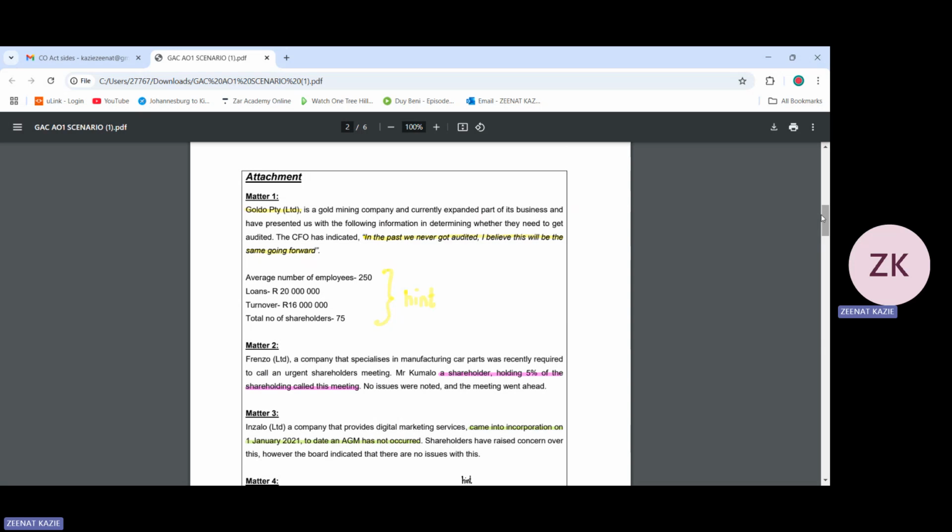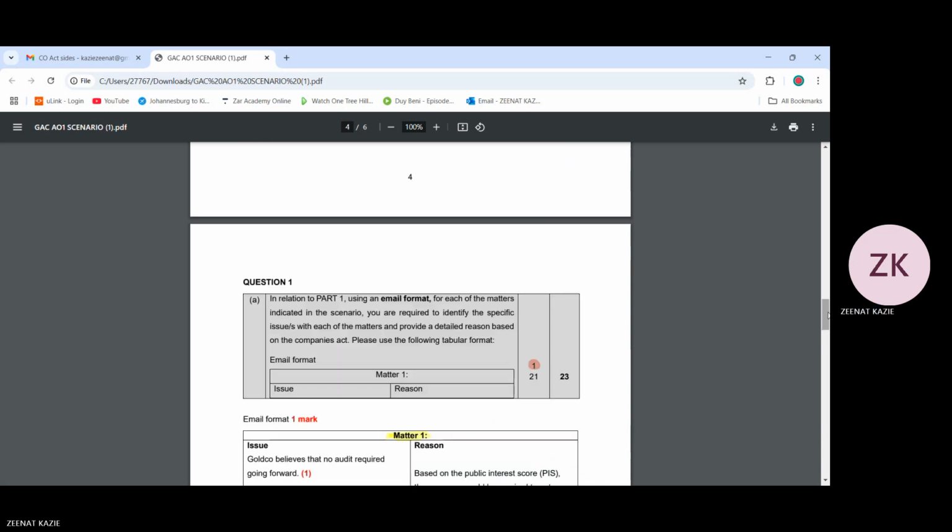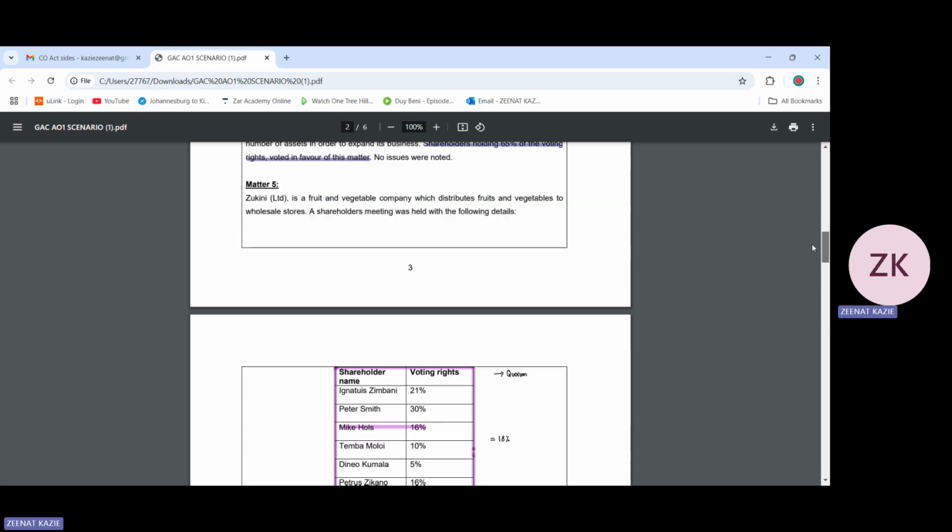So if we jump straight into the question, we have to identify the issue and provide a reason based on the Companies Act, right?